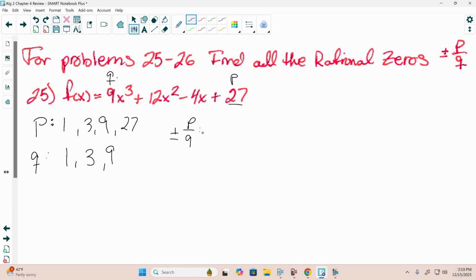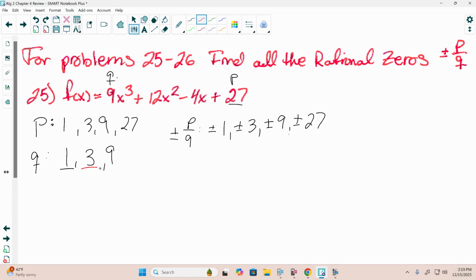Now we need to list out all of our values of p over q, and we will put the plus or minus. Now the first number I always divide every value of p by is 1, the first value of q, which is really just going to give us the values of p back. So we should get plus or minus 1, plus or minus 3, plus or minus 9, and plus or minus 27.